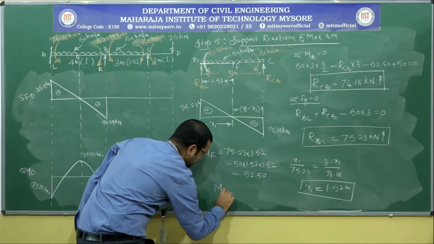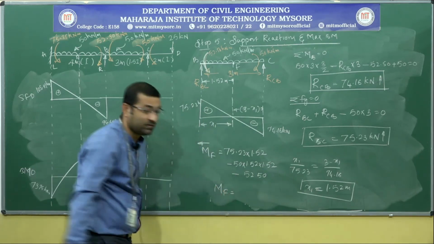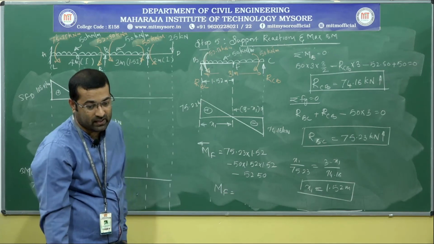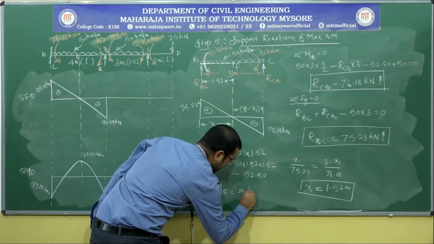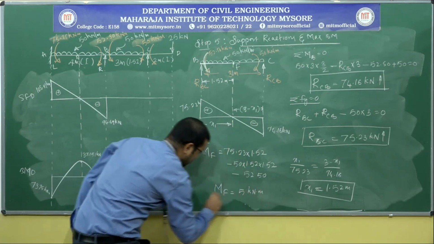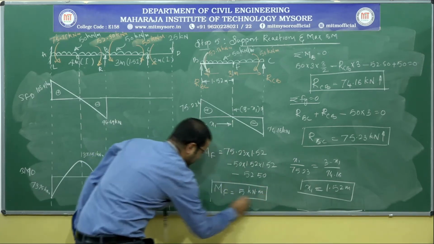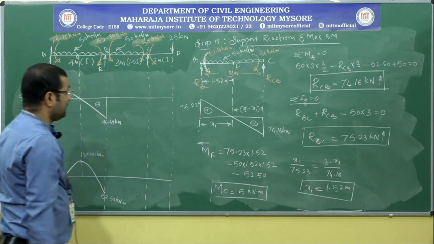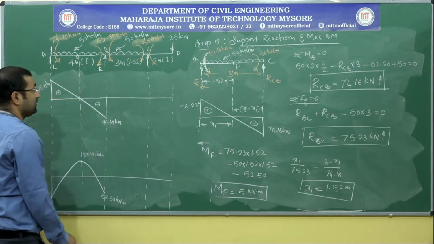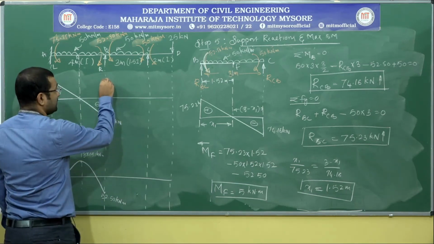So if you calculate this, you will get MF as just 5 kilonewton meter, right. So with the help of these values, again we need to draw the shear force and bending moment diagrams.